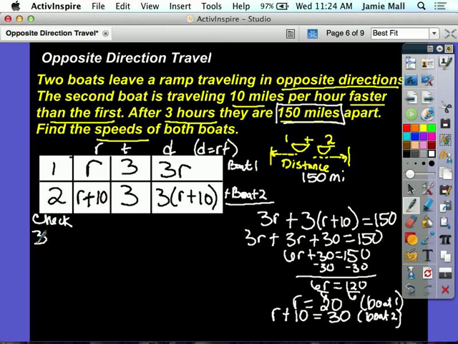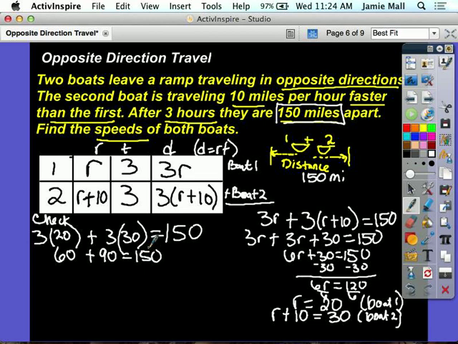There's the time of 3 times the rate of 20, plus 3 times 30, rate times time for the second boat, is equal to 150. 3 times 20 is 60, plus 90 equals 150, and I've got 150 on the left and on the right, and therefore it checks.